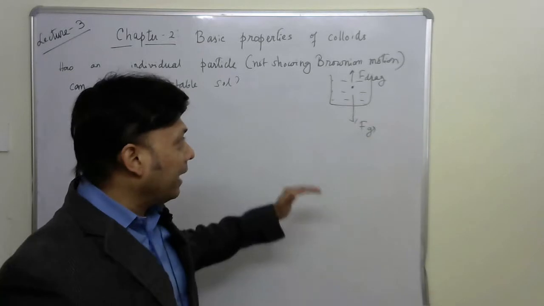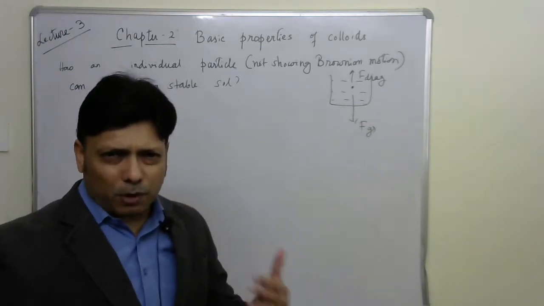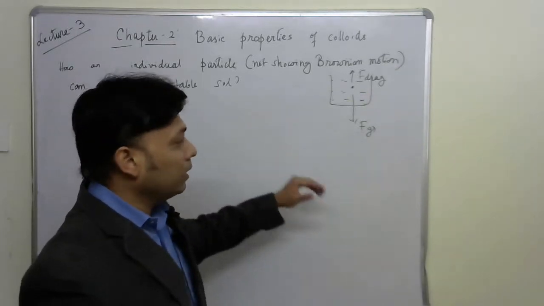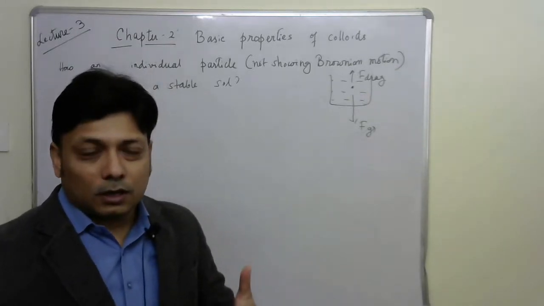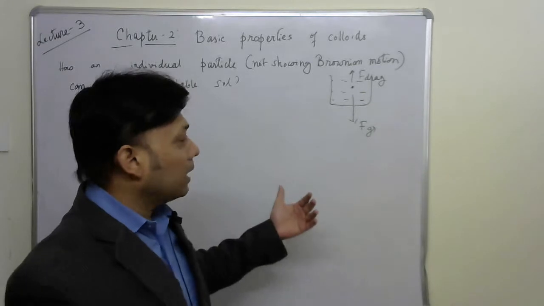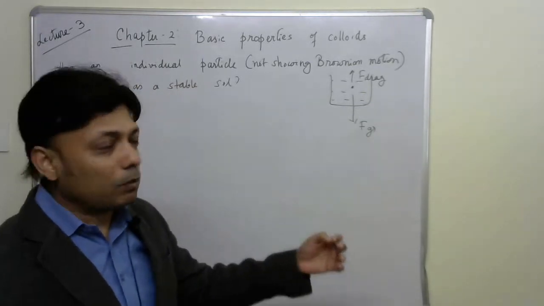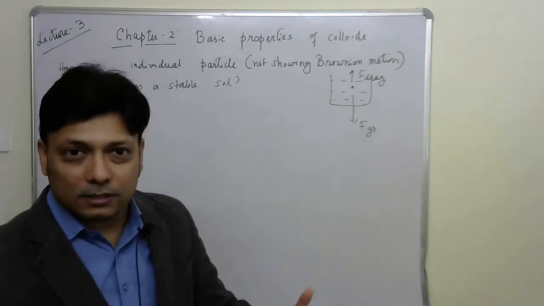So remember, in air the viscous drag force is much less, so by gravity things can settle down, but in liquid the viscosity comes into question, and that may provide sufficient resistance. Now let's see how big the resistance is.